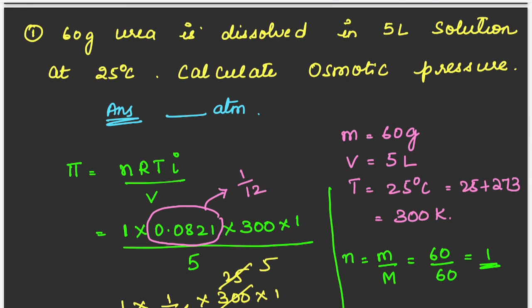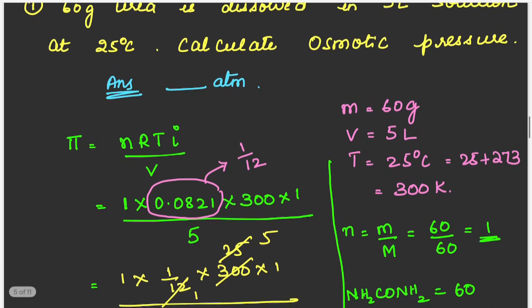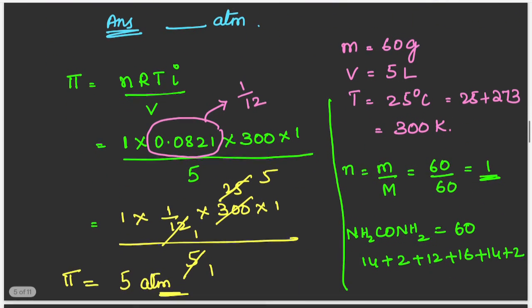If it is given in centimeter cube or meter cube, you have to convert to liter. Here it is already in liter, so I have taken it directly. Suppose it is given in meter cube, then you have to convert to liter and then substitute here. So the unit always plays a very important role here. See the unit and according to that substitute, and quickly you will get the answer.